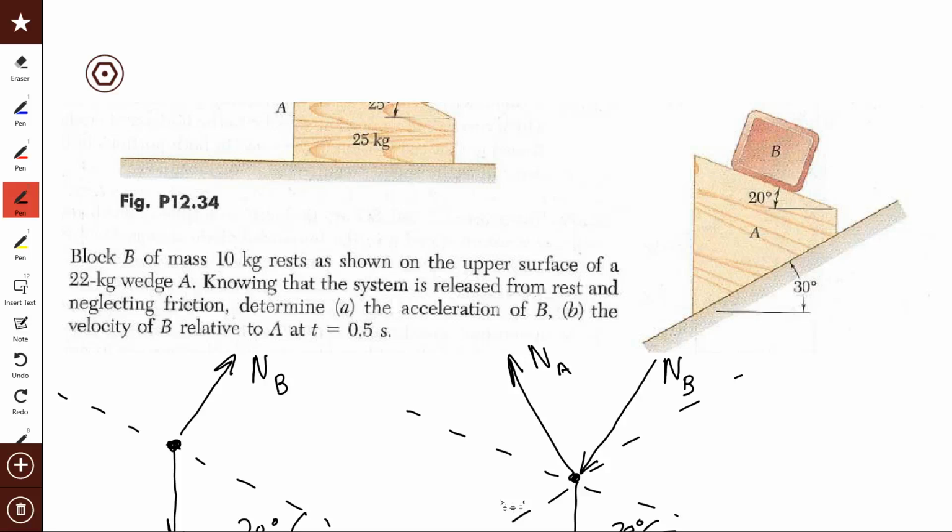Mathematica to do it. First thing I'm going to do, things are happening in odd directions, so I'm just going to define some directions for this.